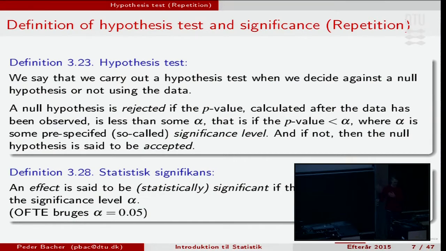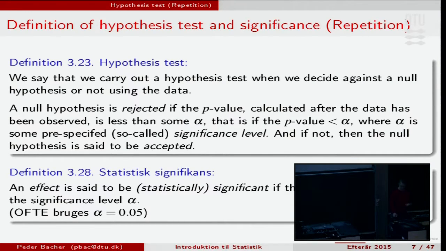As you saw in the example, if we can reject the null hypothesis, that there's no difference between the means of the two samples, then we can say that we found a significant effect, because then we conclude that they are different.